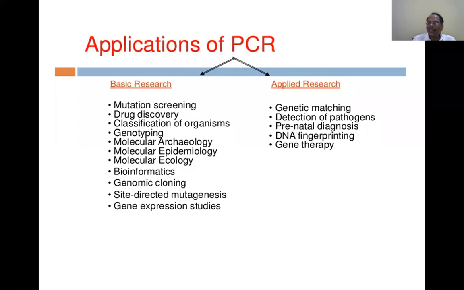We can also match with the blood of the deceased, that is the dead or attacked person, and matching the blood spots at the scene of offense will also identify them.